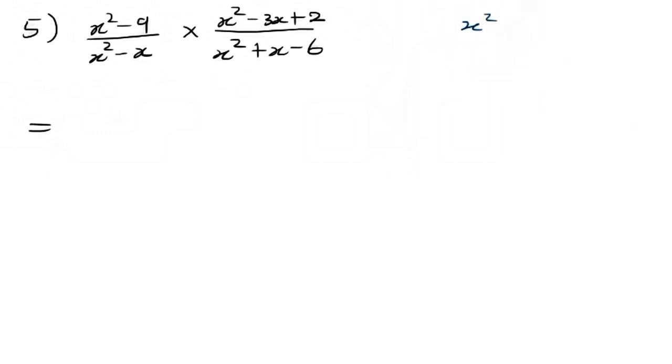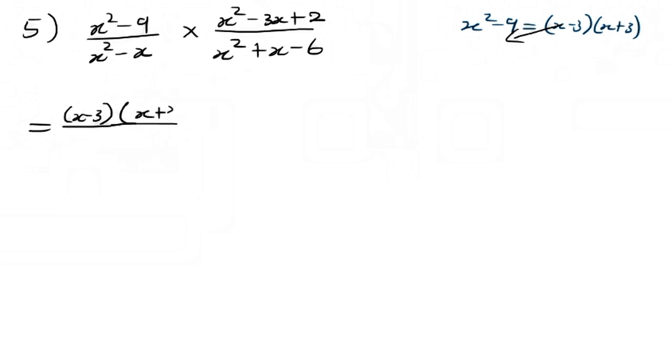So x squared minus 9 is a difference of two squares, so we are going to have x minus 3 times x plus 3, right? So we substitute this, which will give us x minus 3 times x plus 3 all over x into bracket x minus 1. We factor out x because it's the common factor in the denominator there.